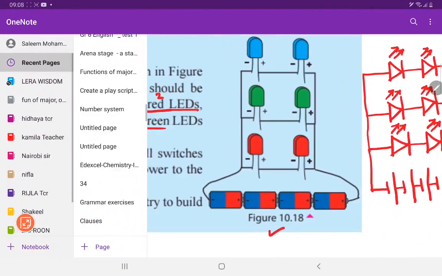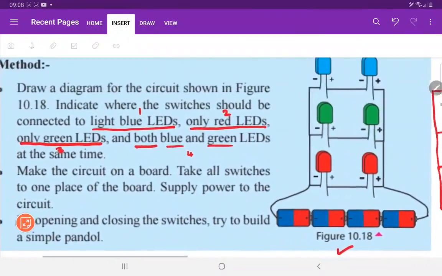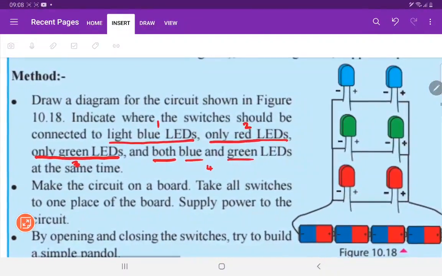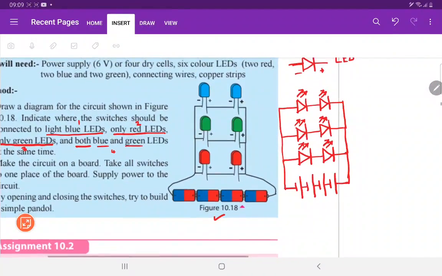Okay, now this is the blue. So they are asking you to do, here see, first of all, light the blue LEDs. To light the blue LEDs, where should you keep the switch? Now if you keep a common switch, what will happen? Commonly all the LEDs will light up.